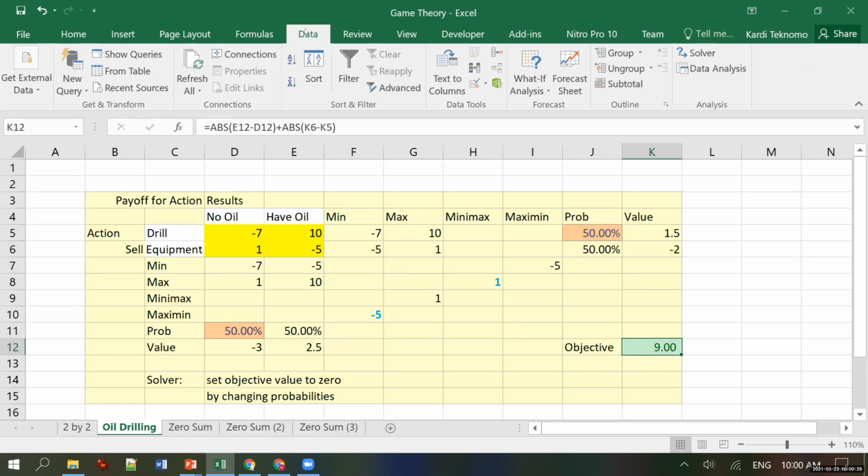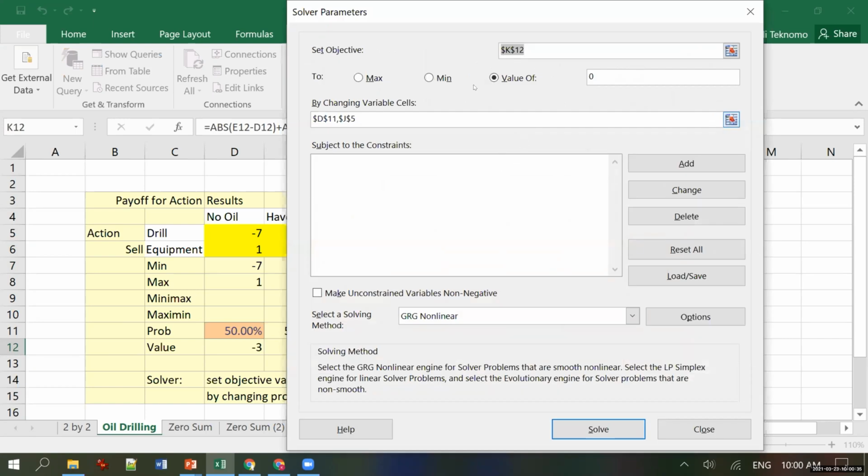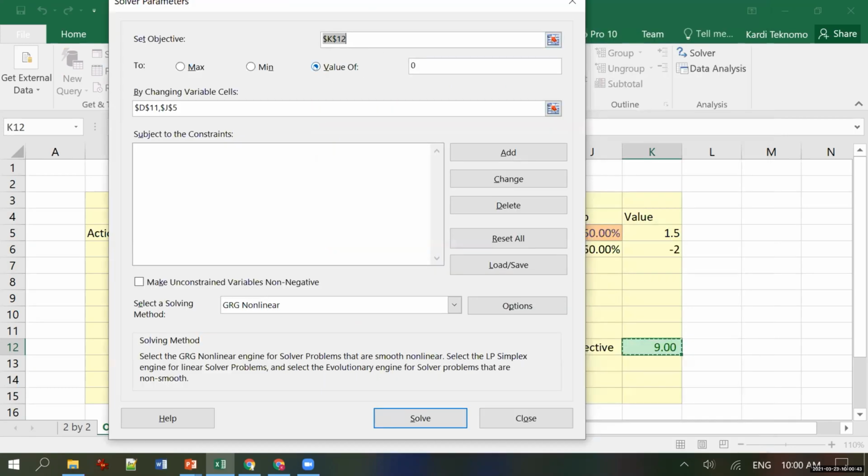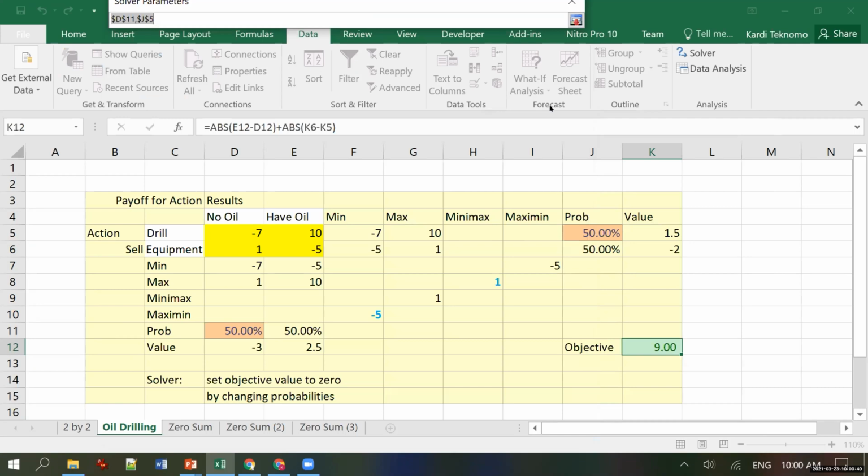Solver is in the Data tab. So we want to set the objective, which is K12 in this case, to the value of 0 by changing D11 and J5, which is the probability.